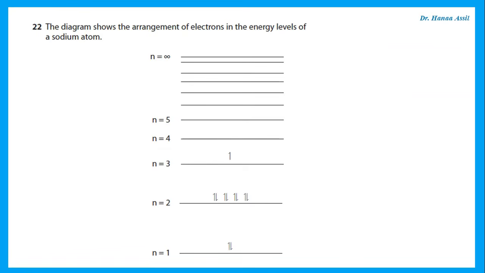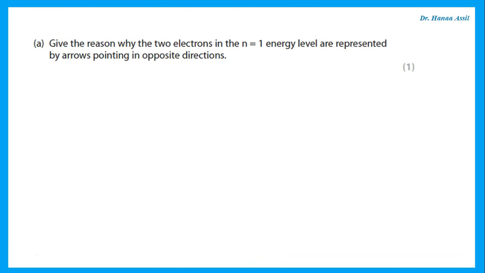The diagram shows the arrangement of electrons in the energy levels of a sodium atom. And the question says, give the reason why the 2 electrons in the n equals 1 energy level are represented by arrows pointing in opposite directions.